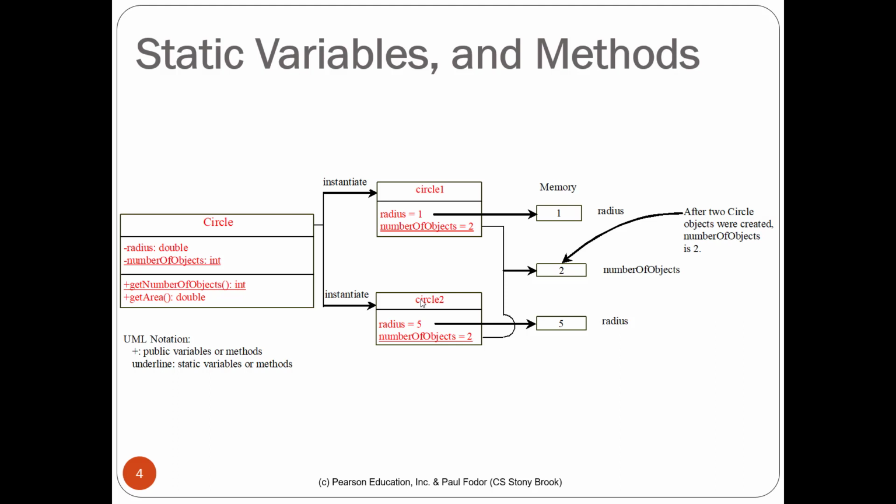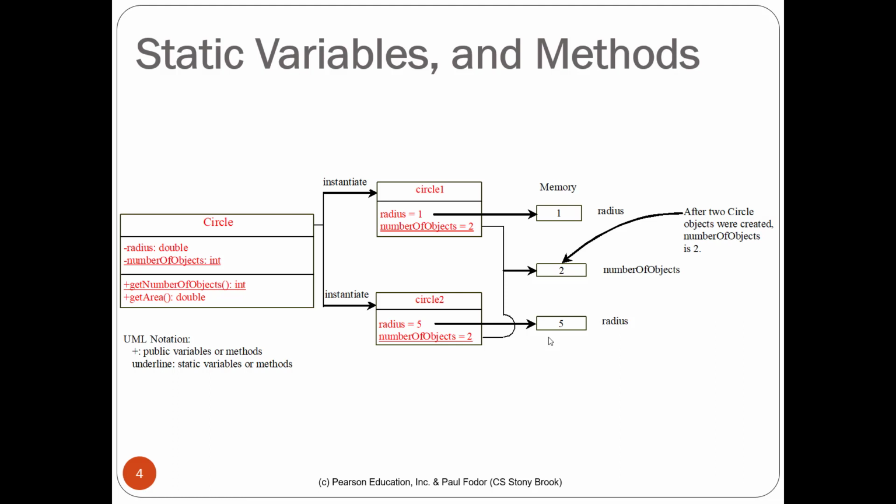Now again we will try to understand static data members better. Since the radius is something which defines circle1, it will have a separate memory location. Similarly, the radius right here determines the radius of the second object, so we will have a dedicated memory location for the radius of the second object.